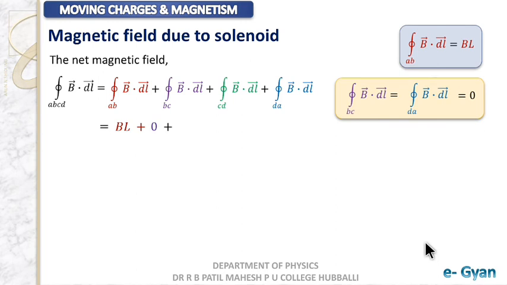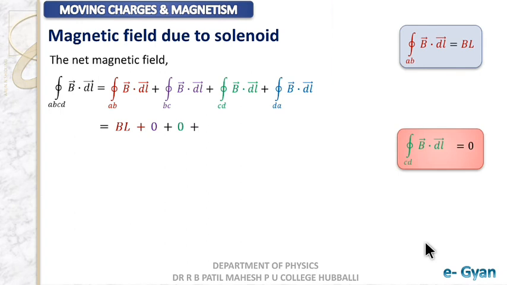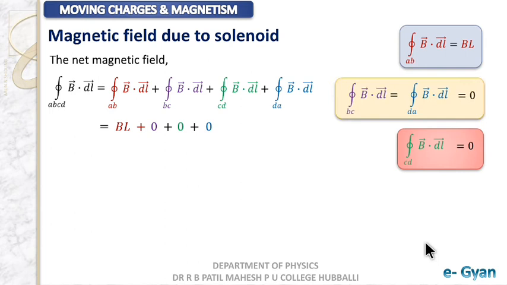After that we once again have 0, followed by that again we have 0 from here, and all the other terms are 0 except the first integral. So that's why we get the line integral B dot dl over ABCD equals BL. Marking this as equation 1, let us keep the LHS value. So the LHS of Ampere's circuital law comes out to be B into L for a solenoid.